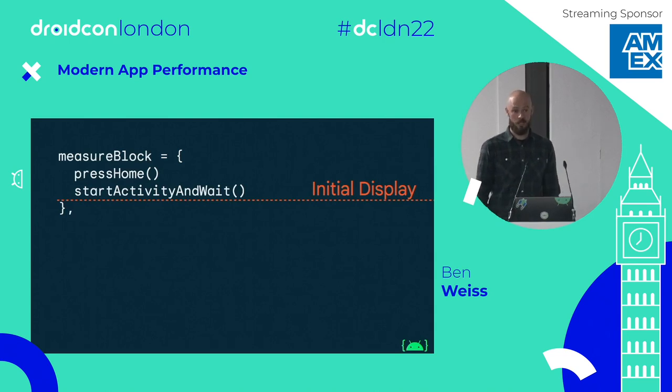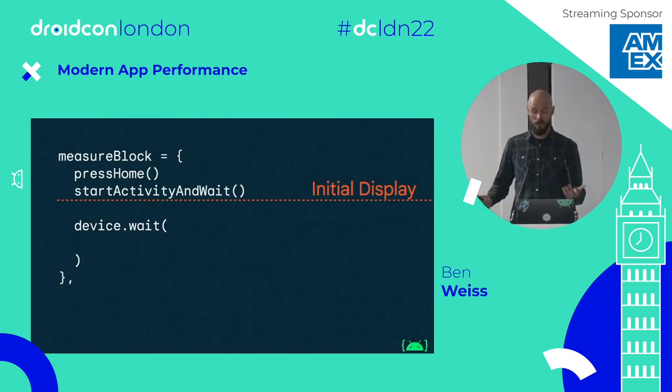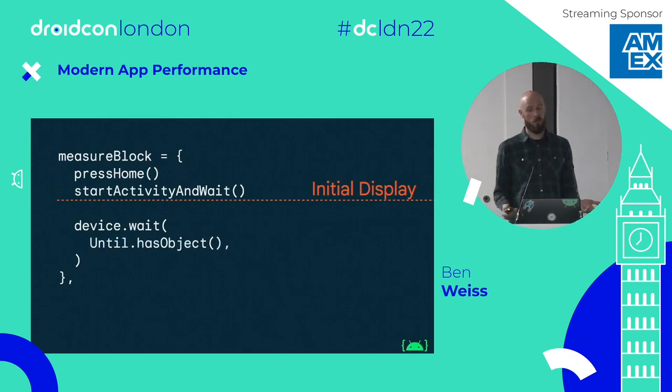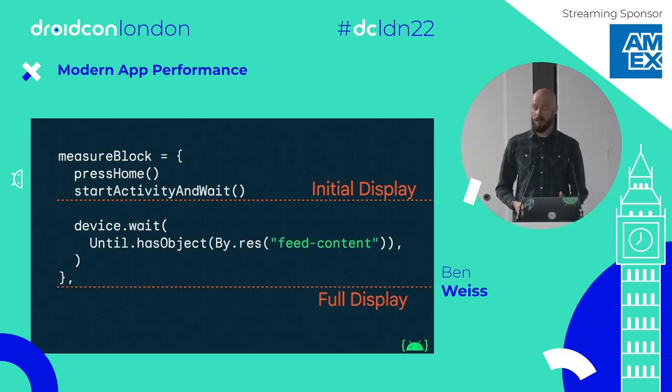If you set the report fully drawn and you're looking for the data for report fully drawn to enter initial display, you can then say, wait, this is UI Automator, so we're just using the UI Automator APIs, and we're waiting until there's an object available, and now we're looking for the feed content here by the resource ID. Once that has loaded, we have time to full display, and that's all you need to write to have a full startup metric that you can get from the macro benchmark library.